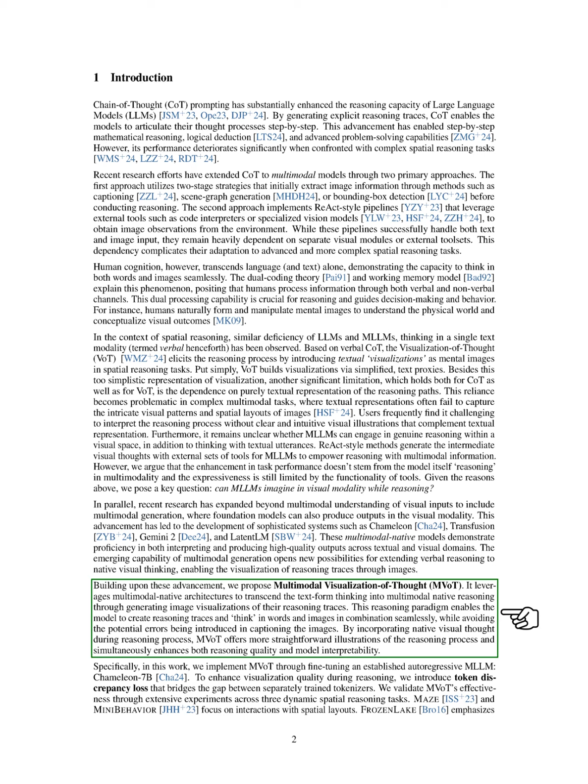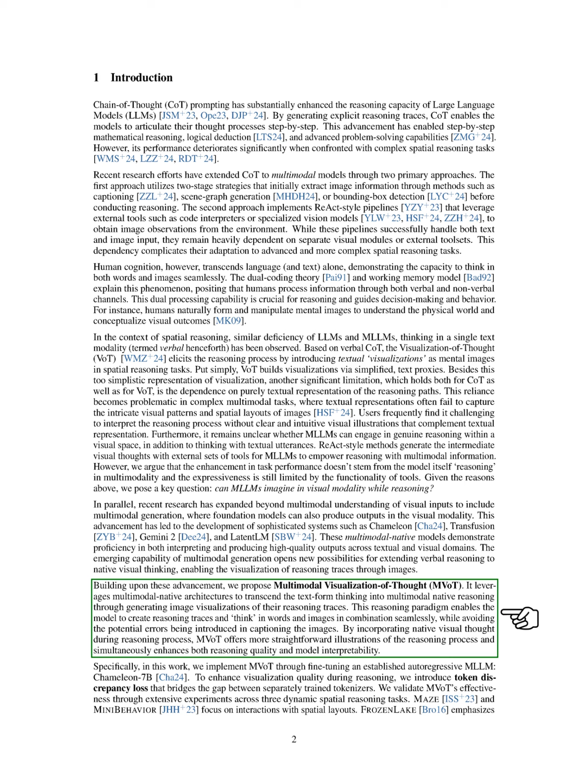Building on these advancements, we propose the Multimodal Visualization-of-Thought (MVoT) framework. MVoT utilizes multimodal native architectures to integrate visual and verbal reasoning, allowing models to generate visual representations of their reasoning processes. This approach enhances the clarity of reasoning and improves both the quality of reasoning and model interpretability.